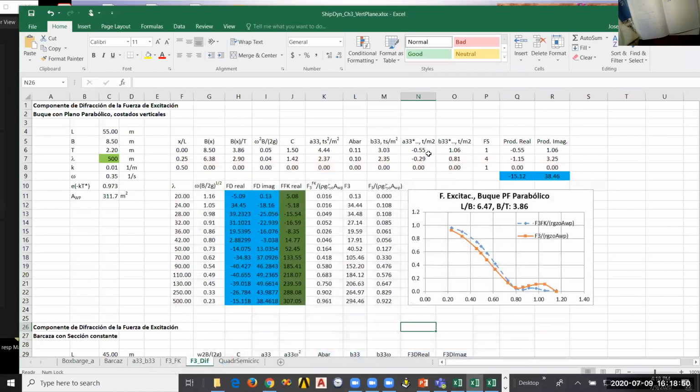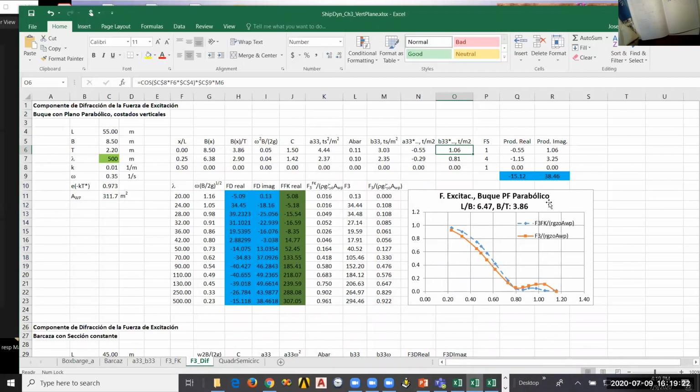I multiply that by omega squared, and I multiply this by omega. So this term will be combined eventually with the Froude-Krylov, but right now it's just the diffraction. So I just integrate, separating the real part and imaginary part, and these are my results.